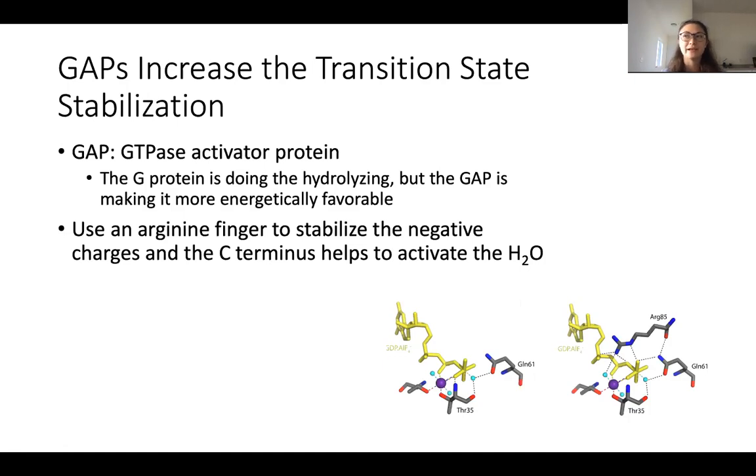And then we said, okay, now this oxygen anion is going to be a much better nucleophile. So by activating the water, it's the same thing. We have some type of acid-base catalysis where we will remove one of the hydrogens. That will make this an OH anion, which will be much more active and able to nucleophilically attack that phosphate.